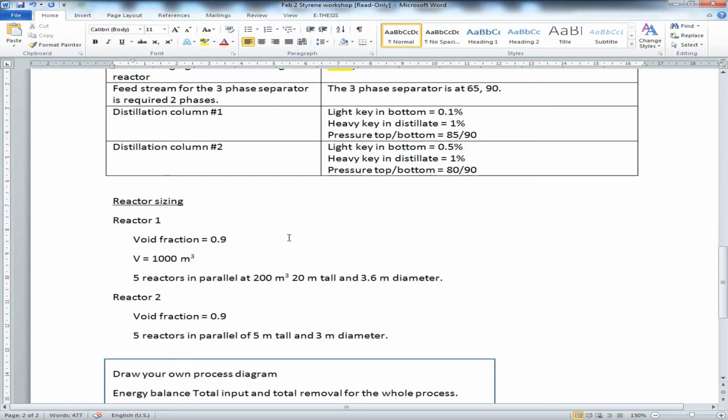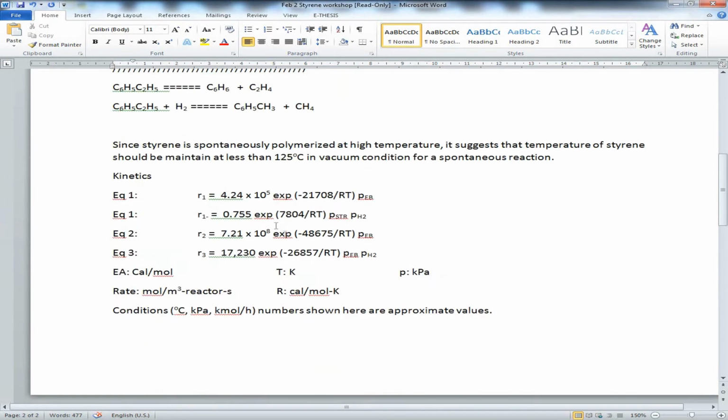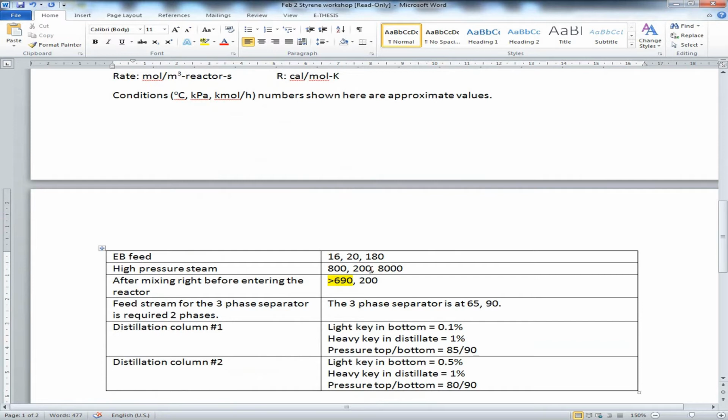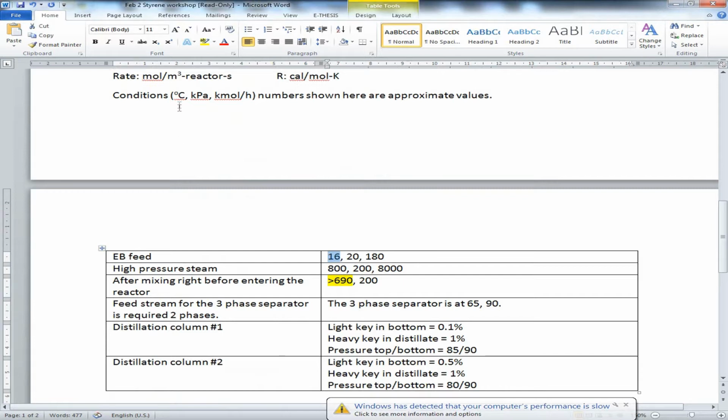Later on, the reaction here is quite endothermic. So to push the reaction forward, we increase the temperature from 16 degrees Celsius of ethylbenzene to 800 by mixing with the high pressure stream.